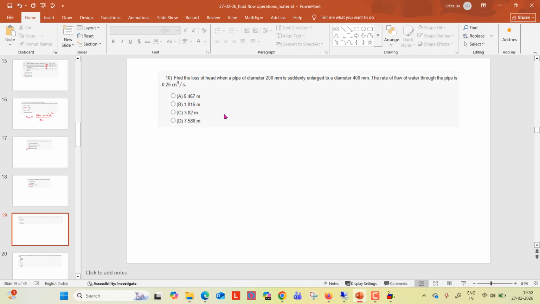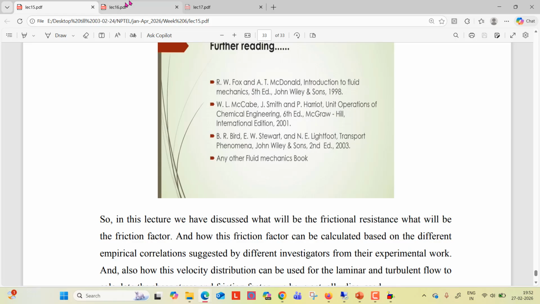Next. Find the loss of head when a pipe of diameter 200 mm is suddenly enlarged to a diameter of 400 mm. The rate of flow of water through the pipe is this. So we will go back to the formulas in the second lecture.